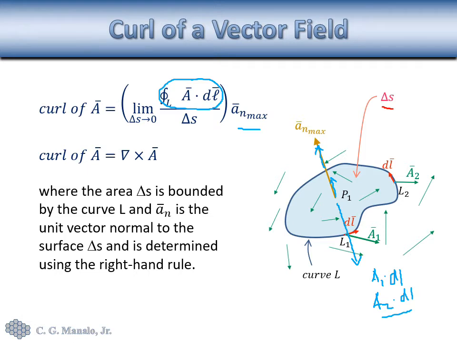And then what we get is actually the curl of the vector field A at point P. Okay, so that is the explanation of this mathematical definition of the curl of the vector A at point P.